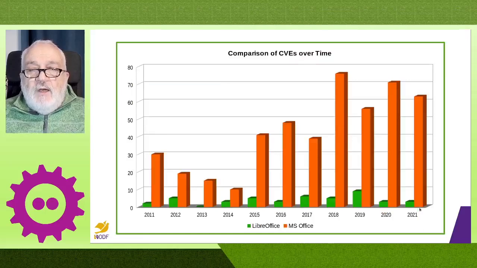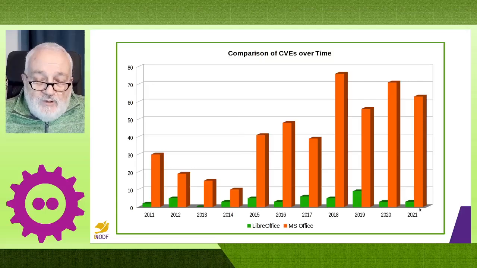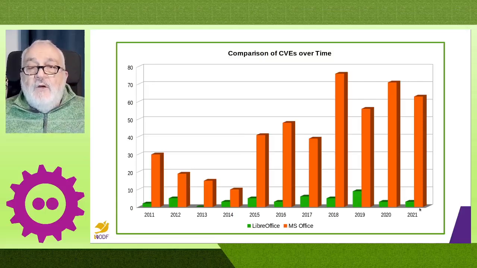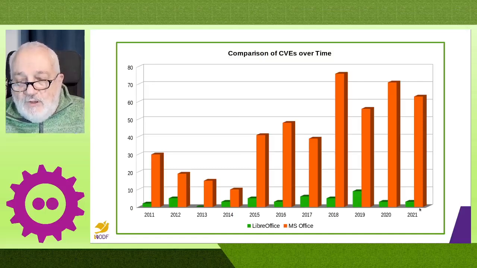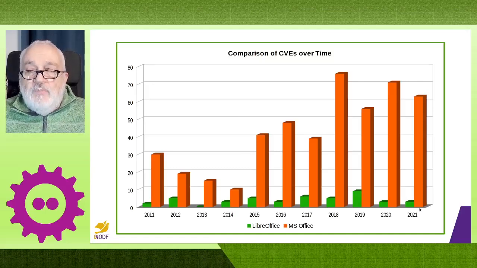And if we look at our comparison of CVE, common vulnerabilities and exposures over time, we see that the number of these for LibreOffice, which are related to the ODF format, and the number for Microsoft Office, which is related to the Office OpenXML format, is significantly different all over the years.